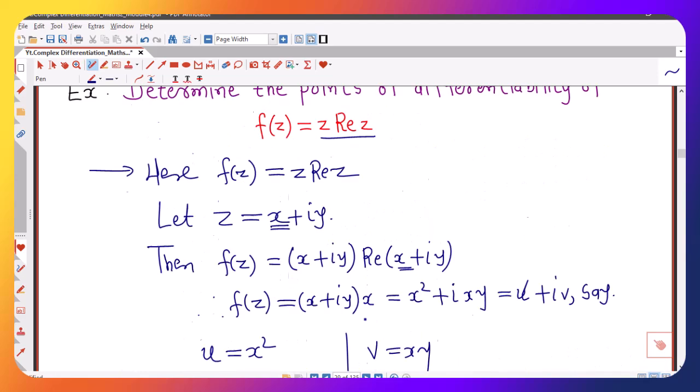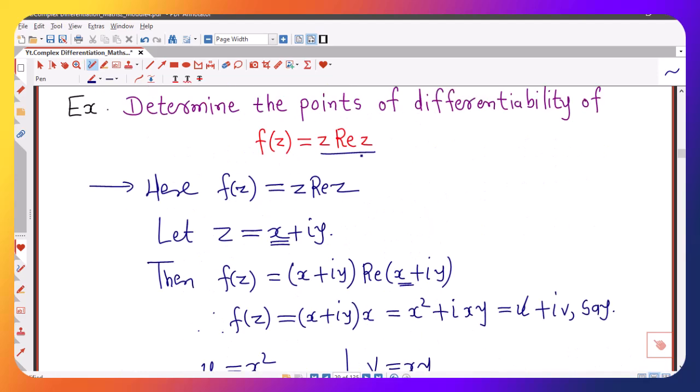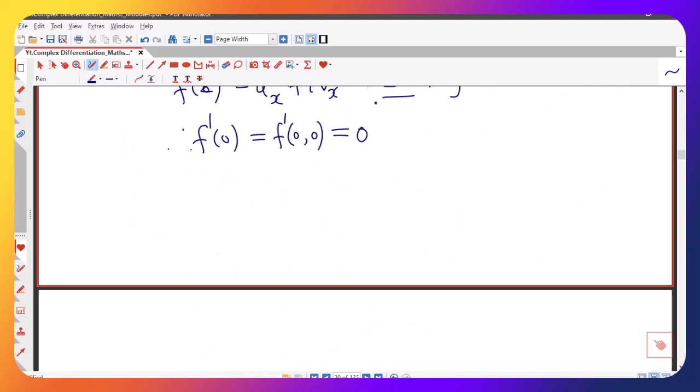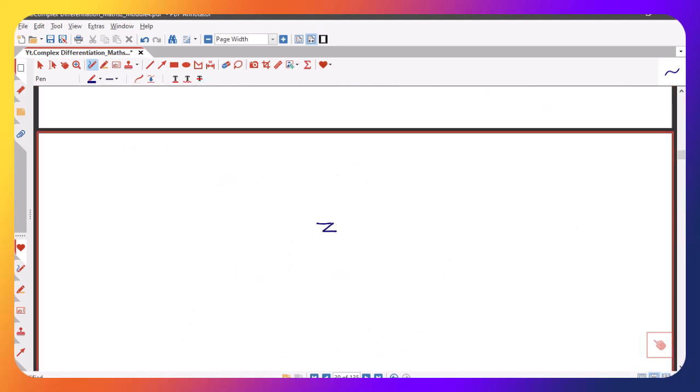So this function is also differentiable at z equal to 0 only, and its derivative at z equal to 0 is 0. So in this lecture we have discussed two functions. One is z times imaginary part of z, another is z times real part of z, and both are differentiable at only one point, at z equal to 0 only, and their derivative at z equal to 0 is 0.